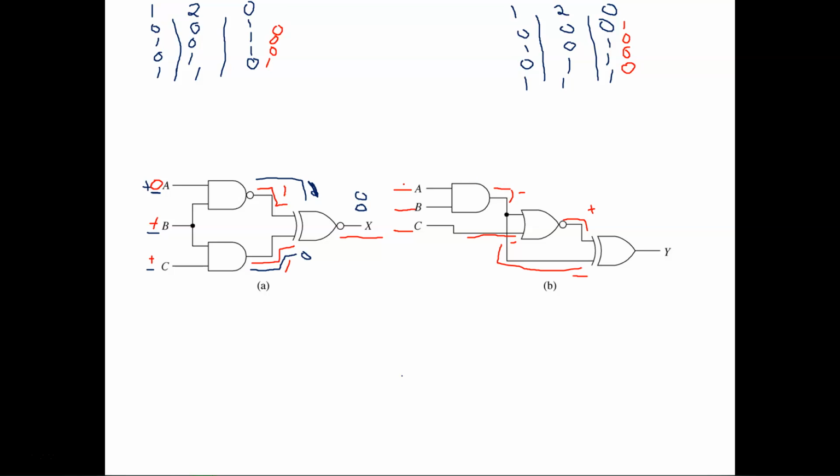So if I put all positives on these, let me redo that real quick. So if I switch this up and made A positive, B positive, we'll even say C positive. That means that I get a positive output from this guy, which gives a positive output here.